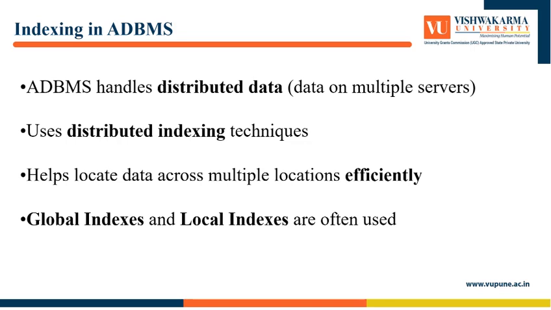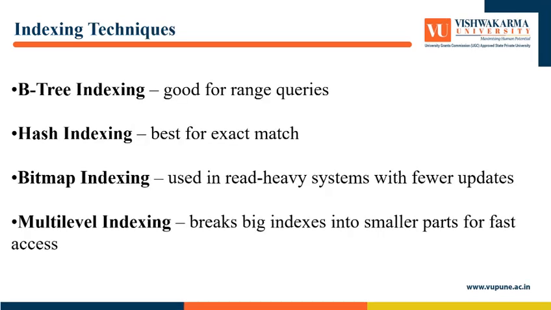This is very useful in cloud-based apps or big tech companies like Amazon and Google. Now let's talk about some popular indexing techniques. First is a B-tree index, best for range queries like show all students aged 20 to 25.